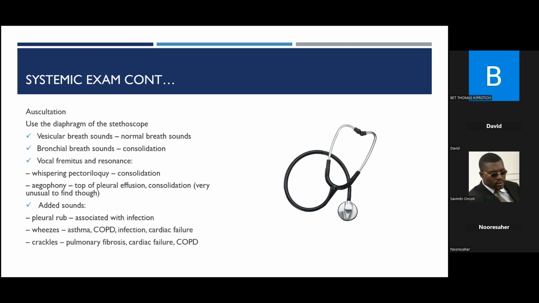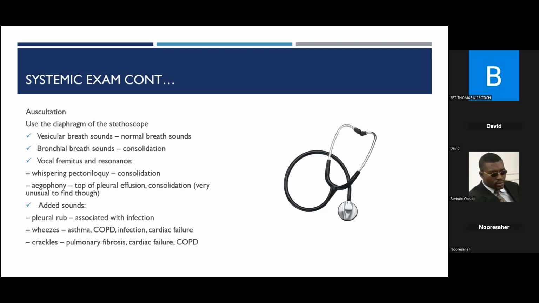Now, in areas of consolidation, they're louder, and in other areas it is usually more quiet. Another finding would be a pleural rub. This is associated with infection, pruritus.